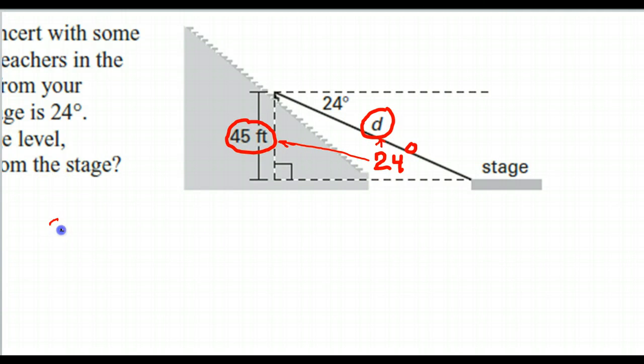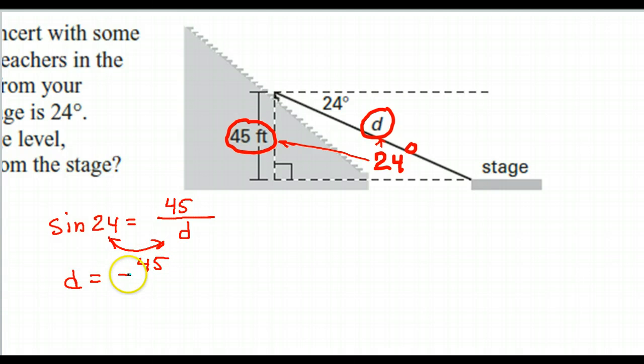So sine 24 is equal to opposite over hypotenuse, so 45 over d. The unknown is in the denominator, so let's do our reversal. Okay, so we're going to get that d is equal to 45 over the sine of 24.